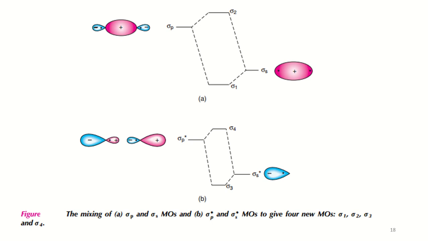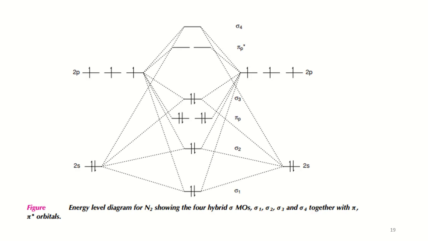Similarly, sigma p star and sigma s star molecular orbitals can mix to give two new hybrid orbitals, sigma 3 and sigma 4, as shown in this figure B. Pi molecular orbitals are not involved in such mixing interactions. The resulting energy level diagram, which is appropriate for molecules such as nitrogen, is shown here.